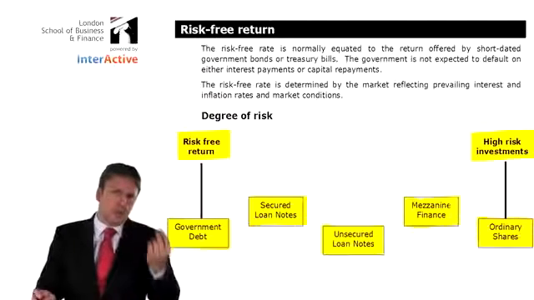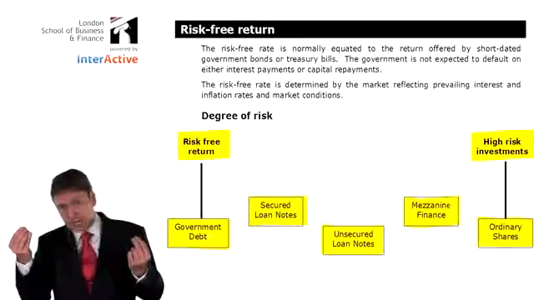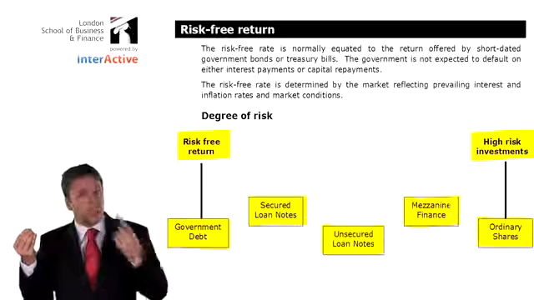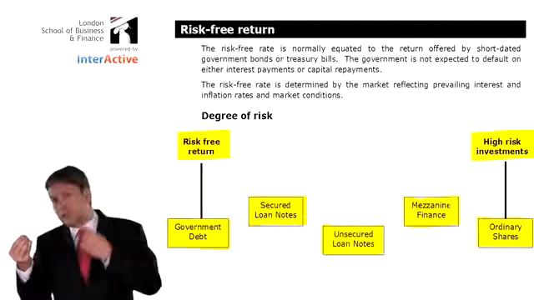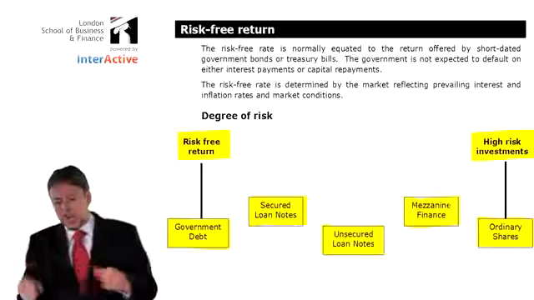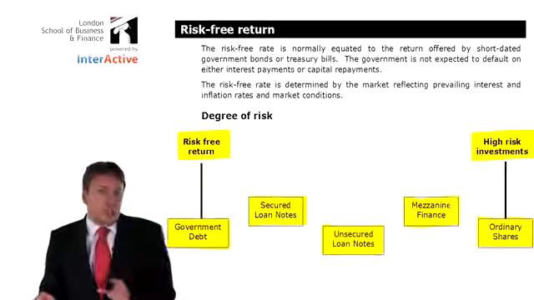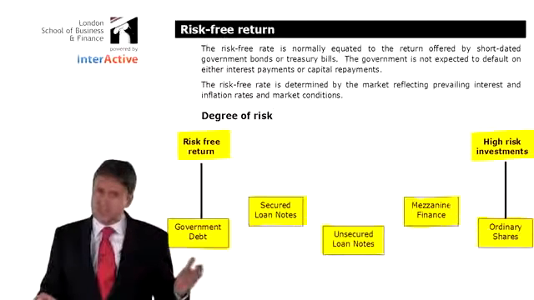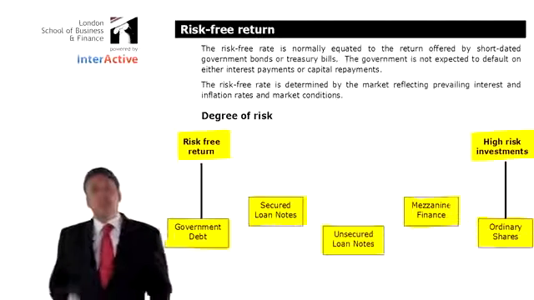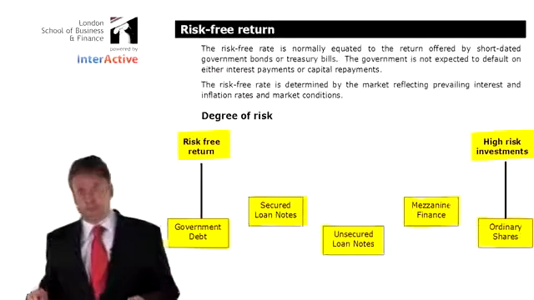But not only are they unsecured, but the underlying business to which they are attached is also risky, maybe because of a lack of track record, or maybe poor track record in the past. As such, mezzanine finance is somewhere between the debt and the equity. High-risk debt, if you wish. So, all we're trying to suggest is this. The higher the risk, the higher the return. Very basic idea, I hope.